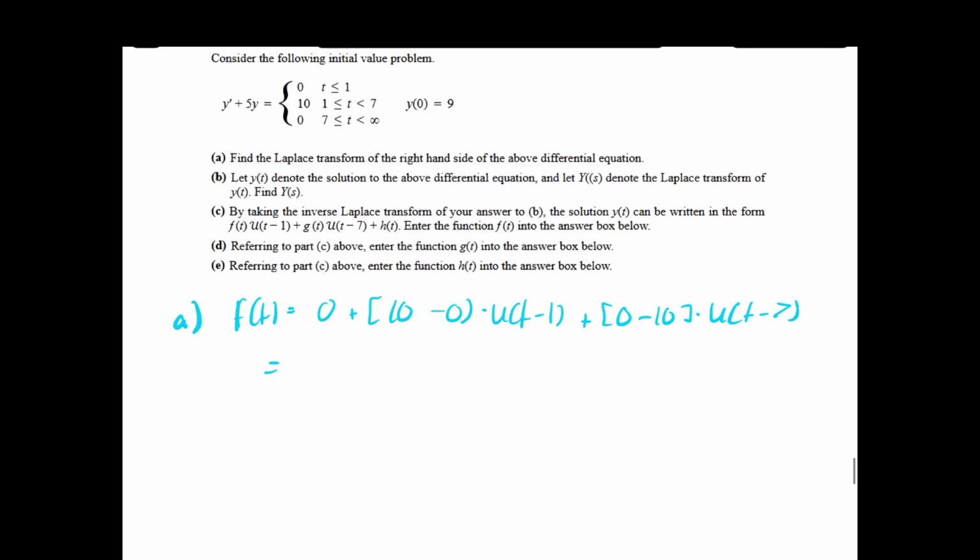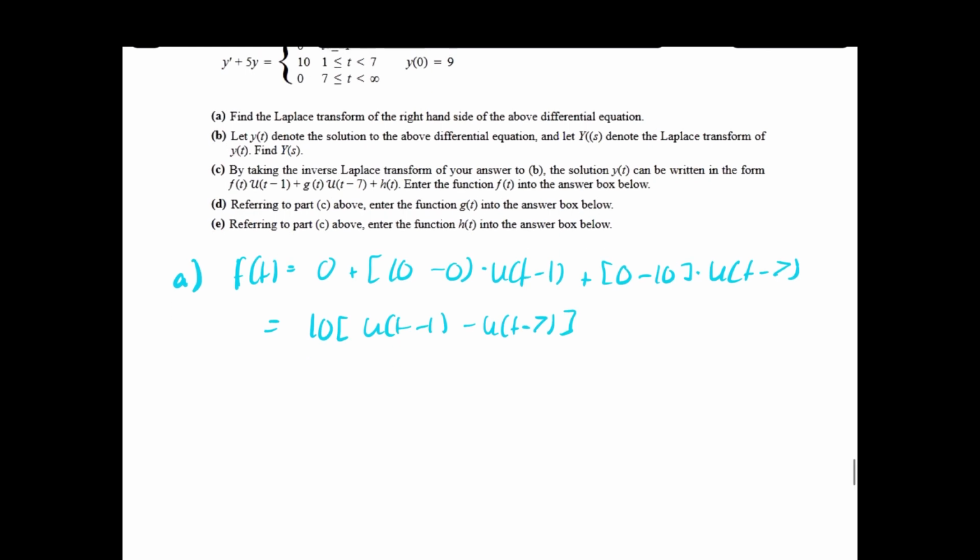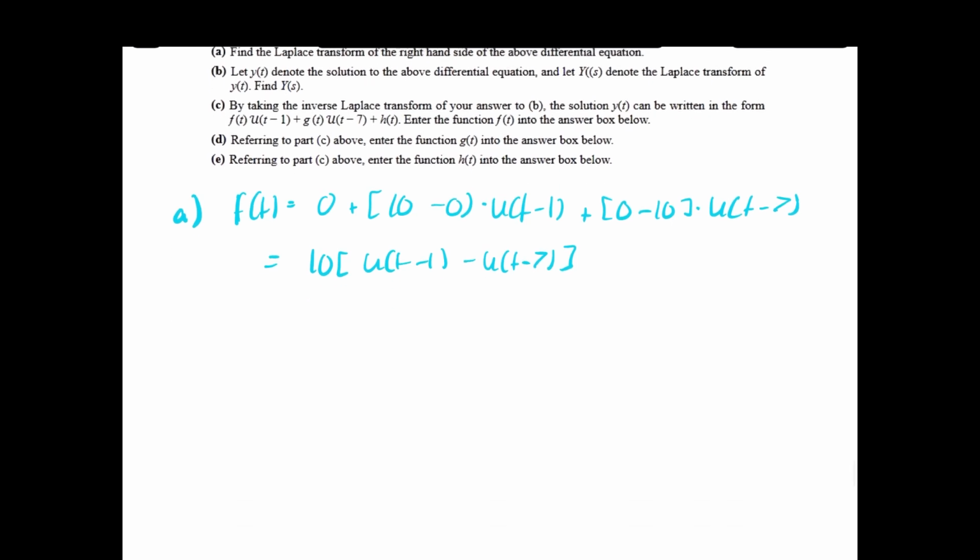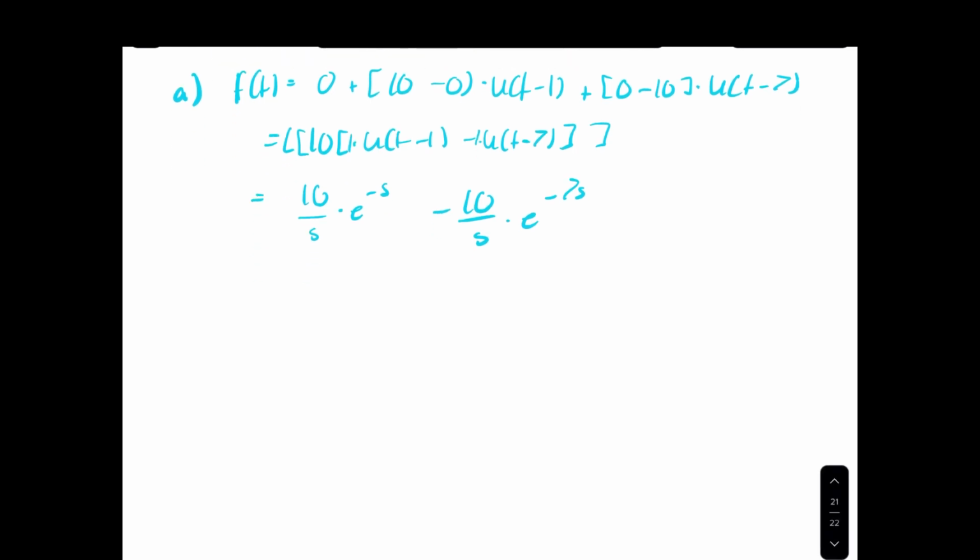So if we expand everything out and factor, we'll get 10 times u of t minus 1 minus u of t minus 7, and take the Laplace of this, and you will get 10 over s times e to the negative s minus 10 over s times e to the negative 7s. You guys know how to do it at this point. Just imagine you got a 1 right here on both of these. Okay.